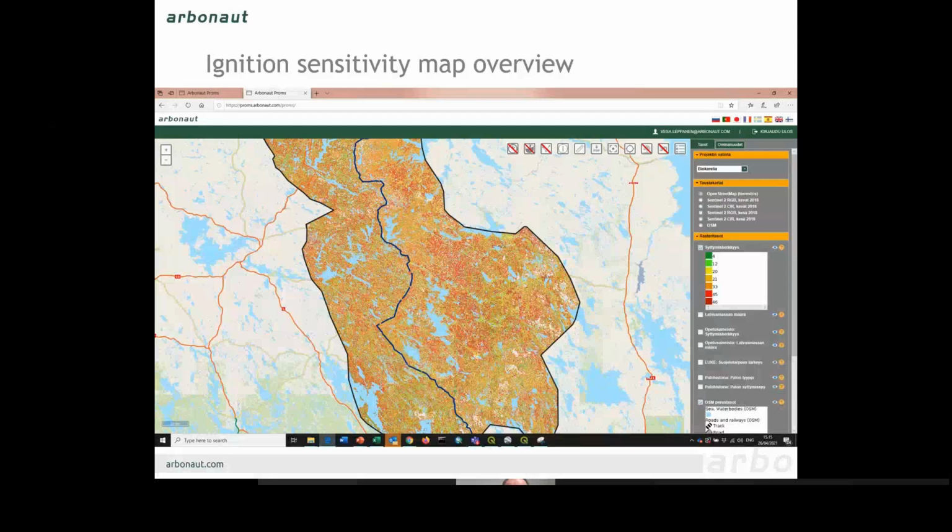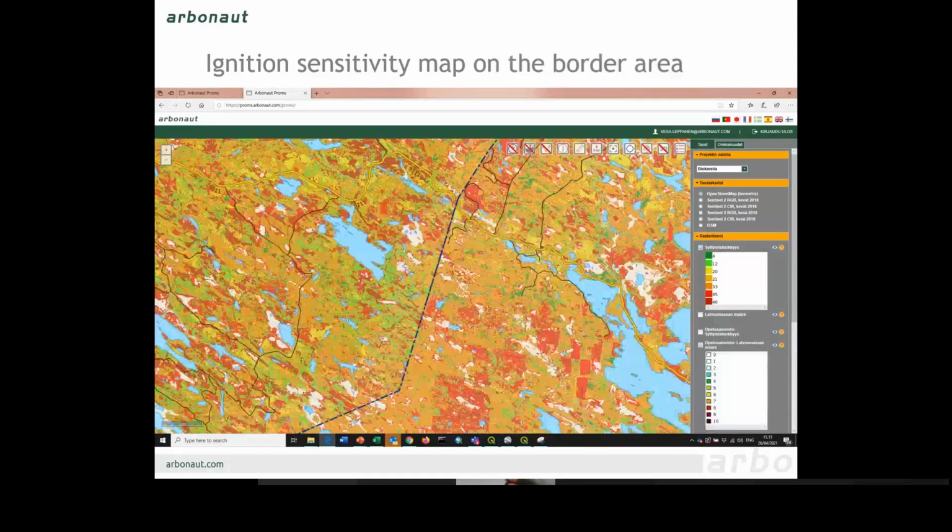Now if we zoom in a bit closer, we can see this border area, and as we have seen in many other aspects, in Russia the figures are bigger in terms of area, and Finland is more scattered in terms of forest type. But both sides have high ignition sensitivity areas.